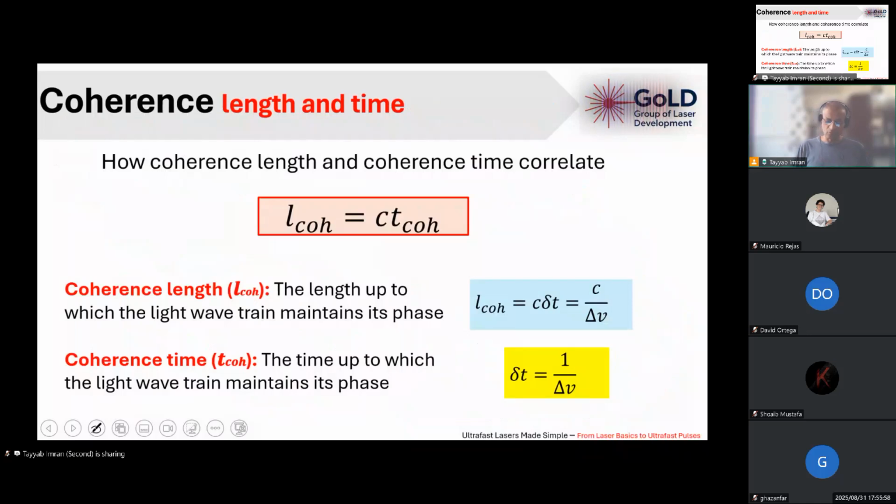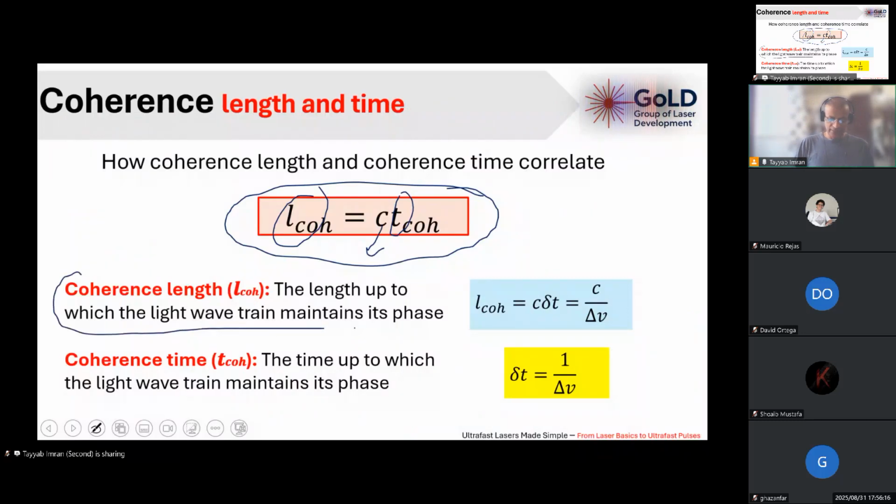Coherence length and time are interlinked. This is coherence length and this is time, and c is the speed of light. If you see on the left side, it's the coherence length. What is written here: the length up to which the light wave train maintains its phase, the same phase.